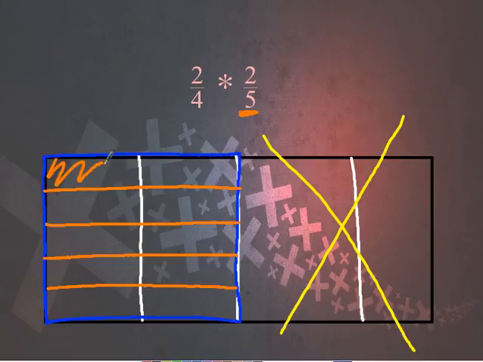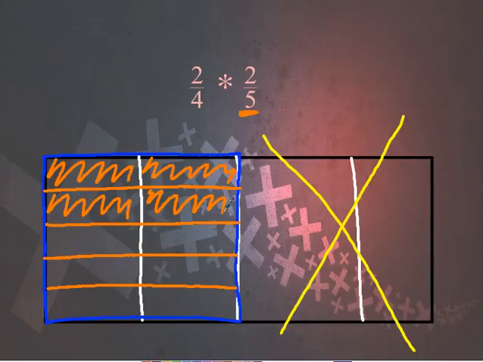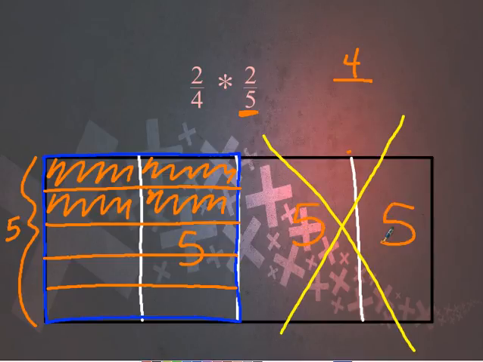So 2 from this group, 2 from this group, that's one of the fourths, and 2 from this group, and 2 from this group. So that shows me that I end up with 4. And now I know that from here to here is 5 pieces, and this is 5 pieces, so there has to be 5 pieces in here and 5 pieces in here.